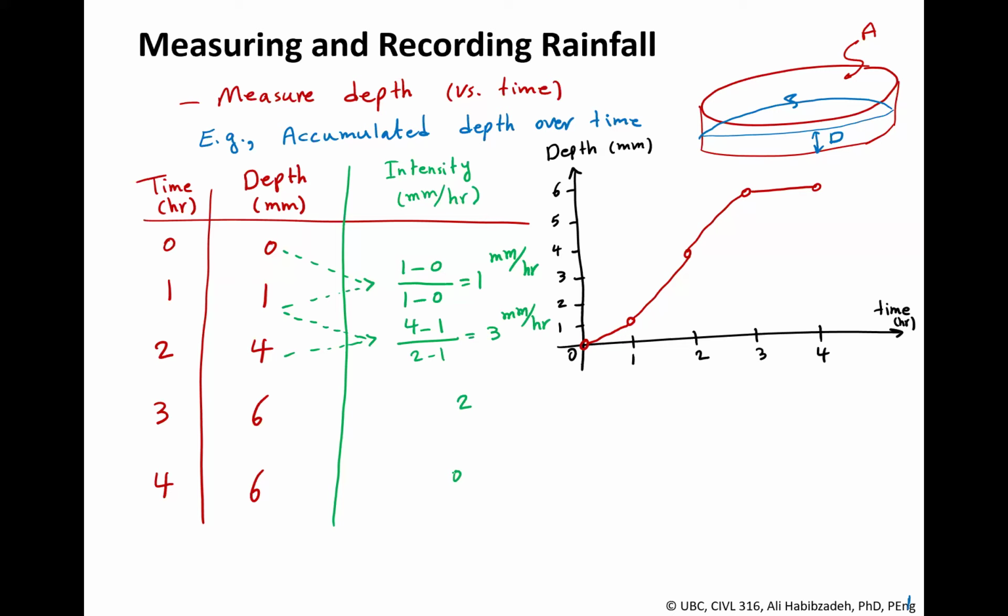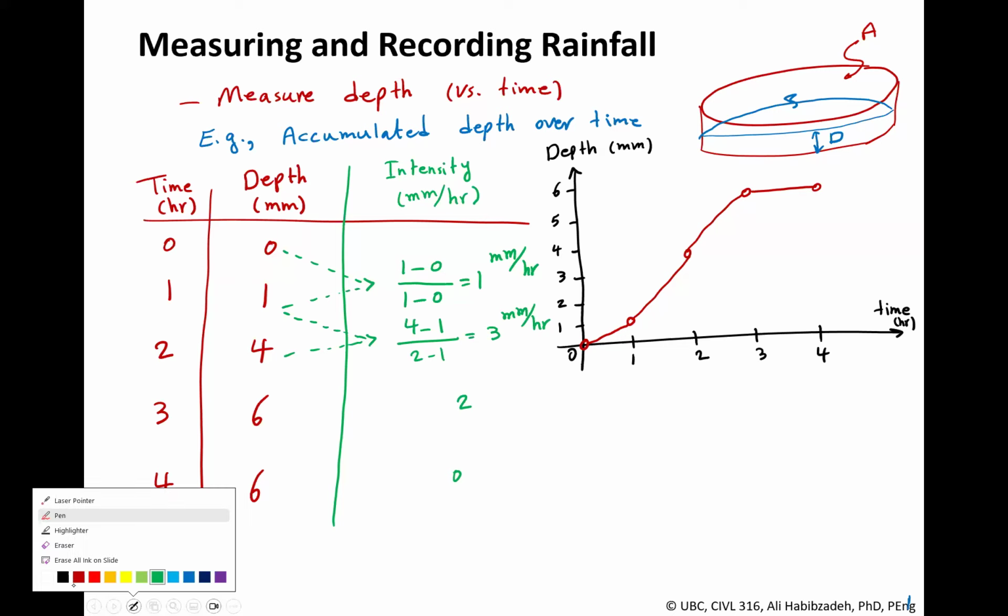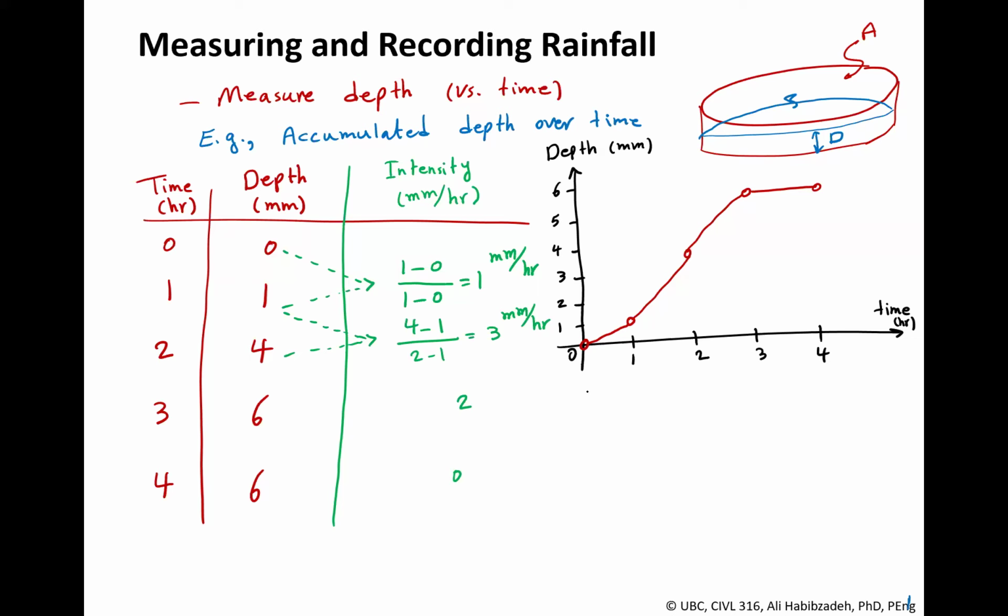Stop. Okay, let's see how we can actually plot this as well. So I'm going to plot that down here. I'm going to have the same type of plot. So this is time in hours, and then we have intensity in millimeters per hour.